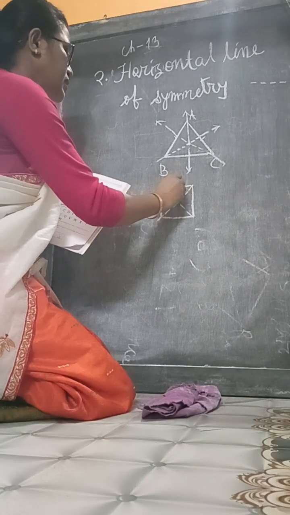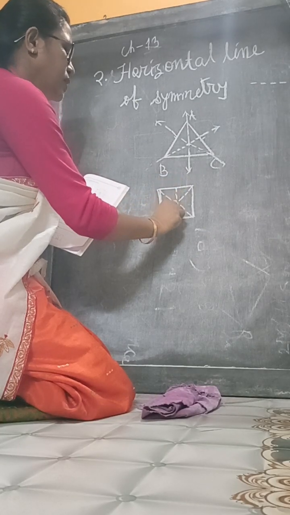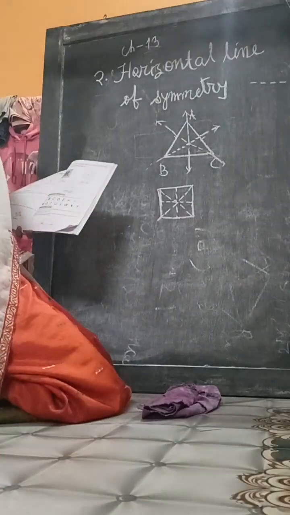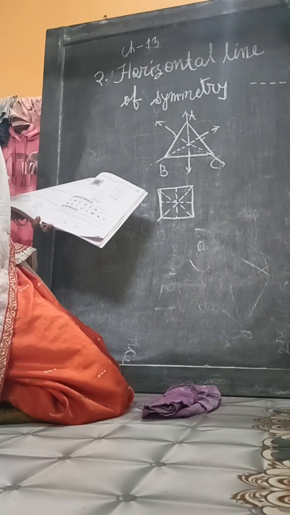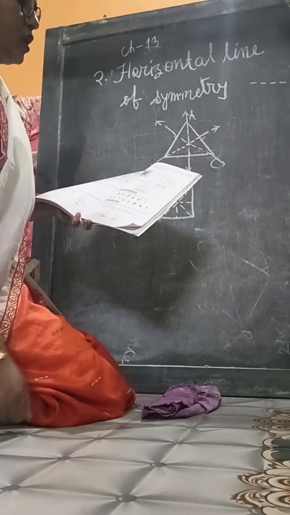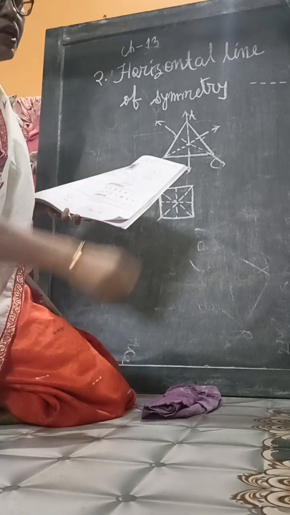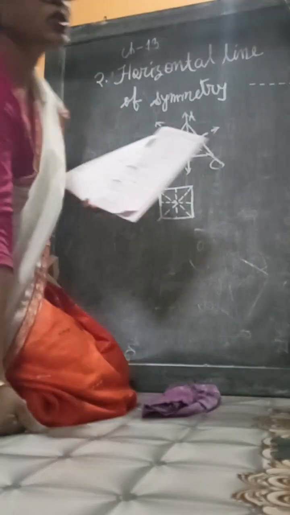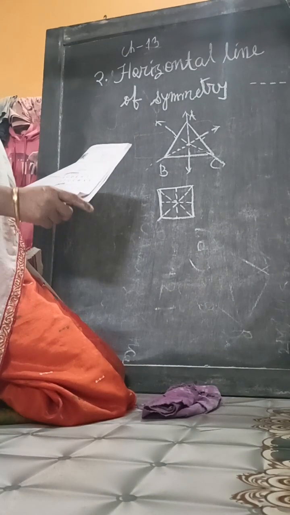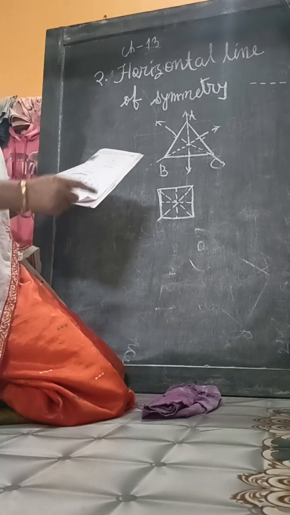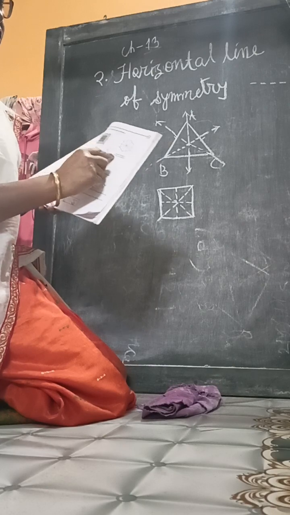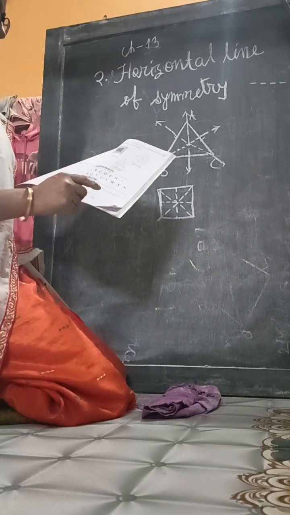Here 2, this also 1, 3, and again 1 here. 4. Okay. And in the case of a regular hexagon, how many do we get? Hexa means 6. Regular means whose sides are equal. A regular hexagon means a hexagon whose sides are equal. In the case of a regular hexagon, we get 6 lines of symmetry.